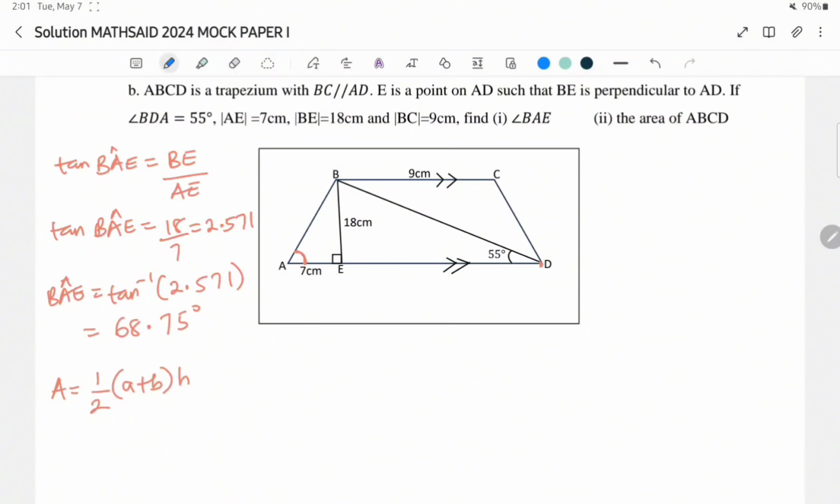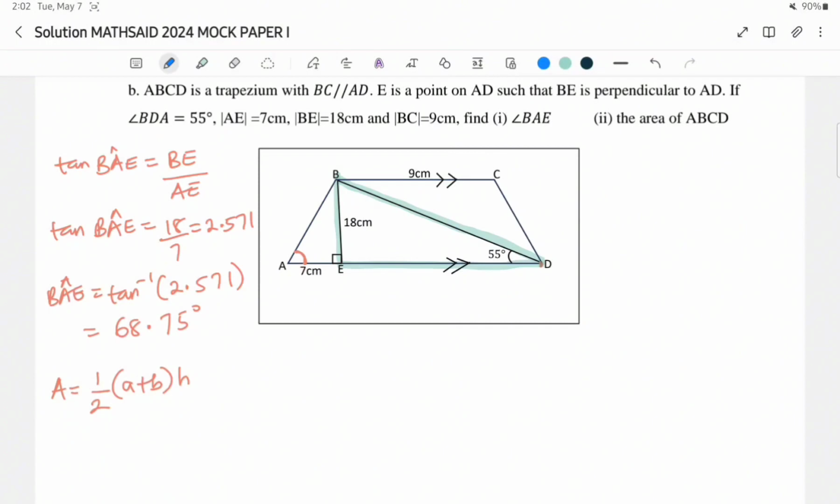Now, to calculate it, it is quite simple. I believe that's even why they give us 55 degrees. Because if you look carefully at this triangle BED, you would see that we have an angle and we have the side opposite to it, right? So if we have an angle and the side opposite to it, and we are looking for side ED, the side adjacent to that angle, that means we are still going to use tangent, right?